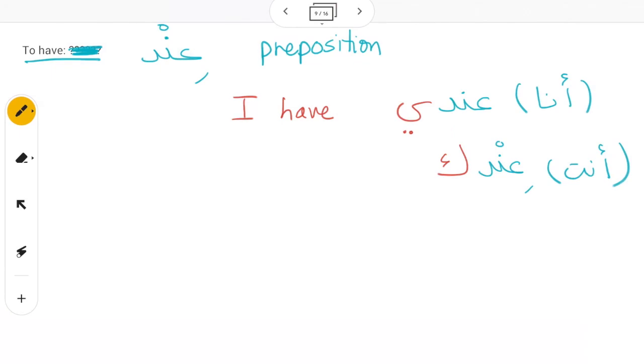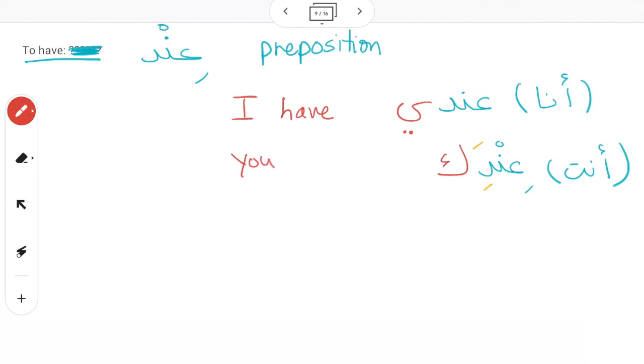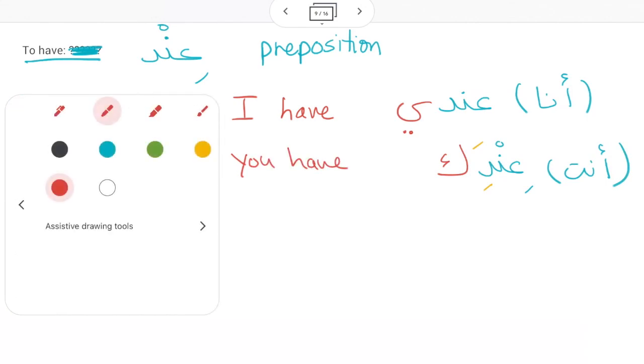But a lot of times what people do now is they just put that fatha or that kasra that's on the kaf, they just transfer it over and put it on the dal, the letter before. So عندَك, you have, masculine, and عندِك, you have, feminine. Okay. You have. عندك.